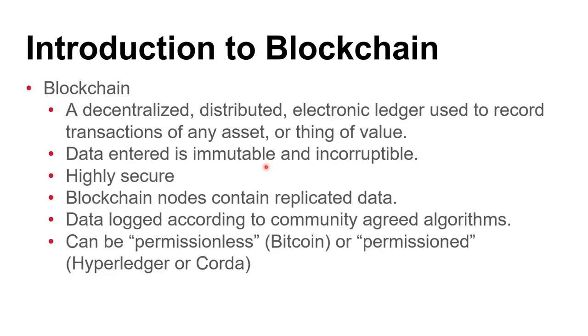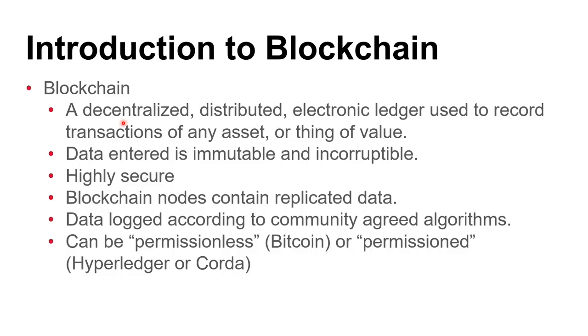A few things about blockchain. It is decentralized and distributed. So a decentralized network in this case means there are full copies of the Bitcoin application on what we call nodes throughout the world, and they are absolutely identical. So you download the Bitcoin ledger, you download the application.